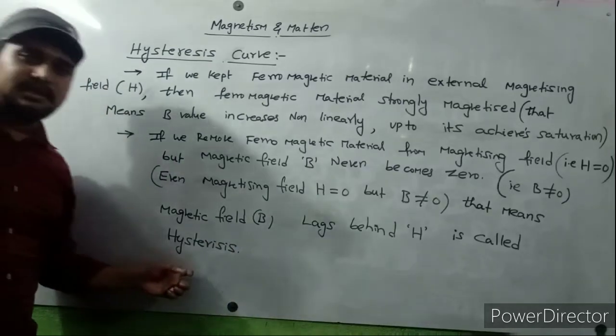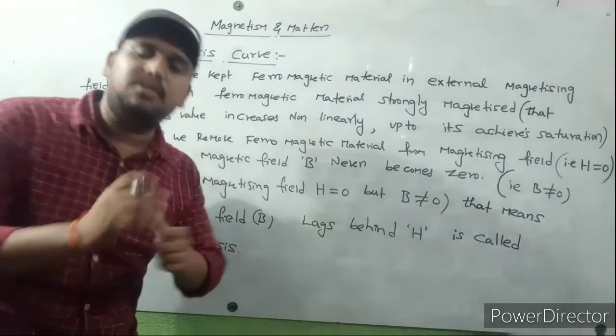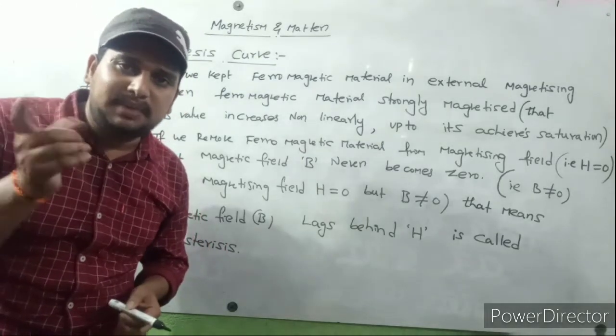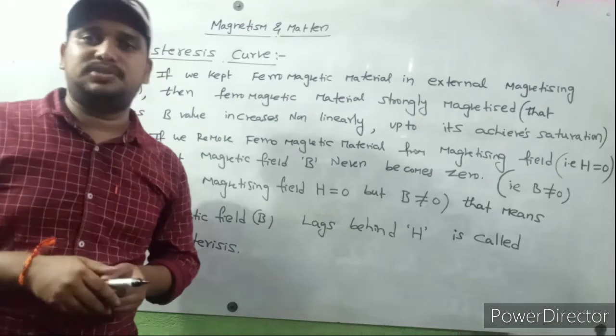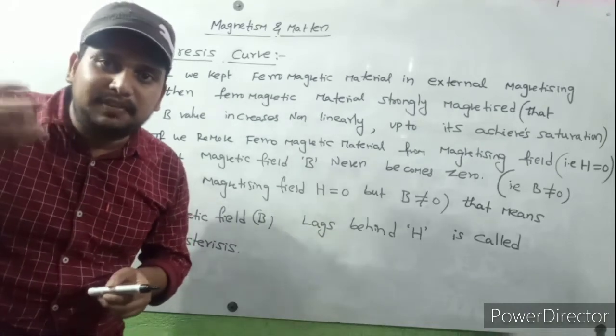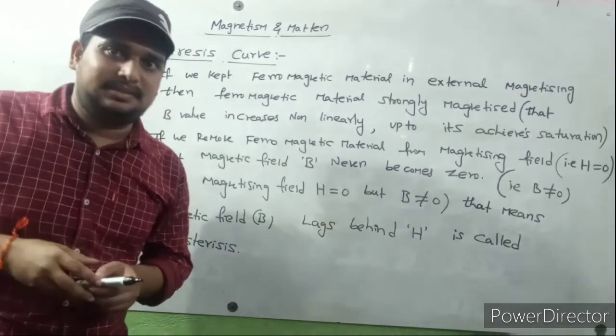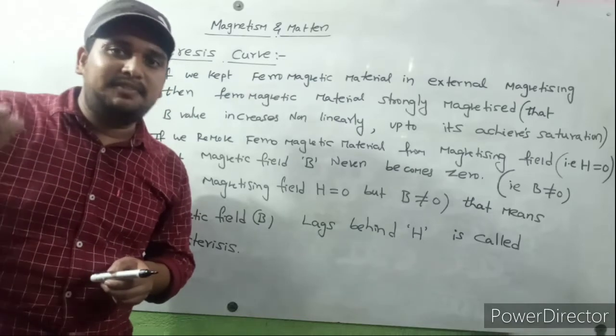What is meant by hysteresis? Even when H becomes 0, the magnetic field never becomes 0, so B is not equal to 0. That means some magnetic field lags, that means it is delayed.